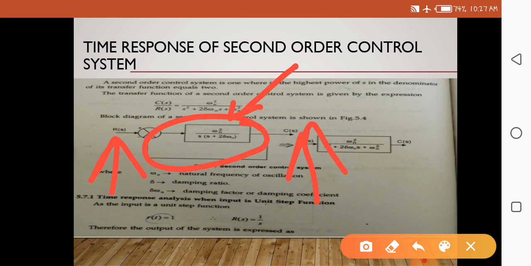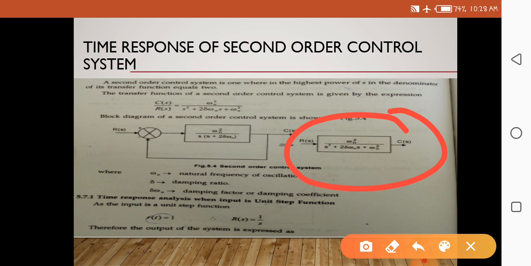Applying the feedback and solving, we get C(S) upon R(S) equals omega n square upon S square plus 2 delta omega n S plus omega n square, where omega n is the natural frequency, delta is the damping ratio, and delta omega n is the damping factor.